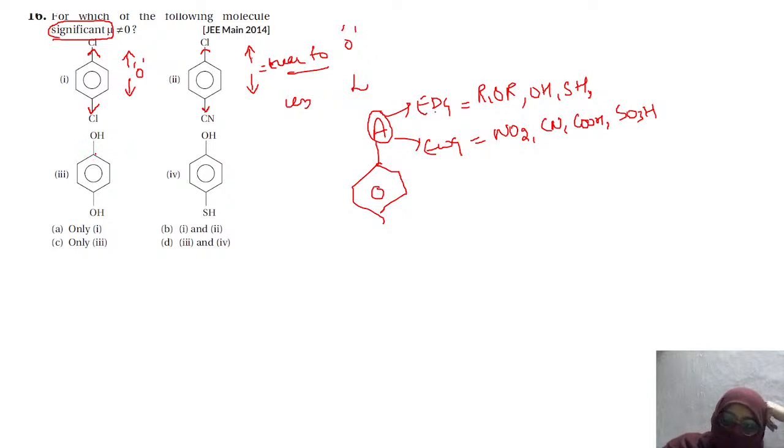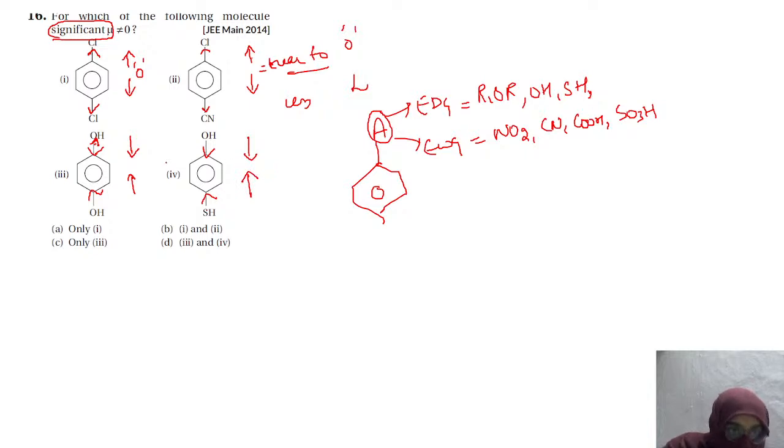OH, I told you that it's a donating group, so it donates electron to the benzene ring, so it will be downward. Here it will be upward. Downward and upward, and here it is towards the benzene ring. SH is again a donating group, so downward and upward.